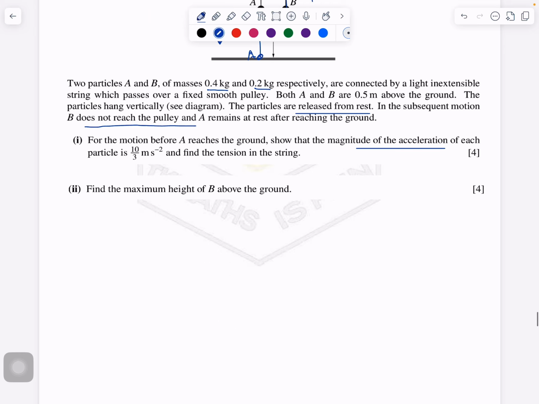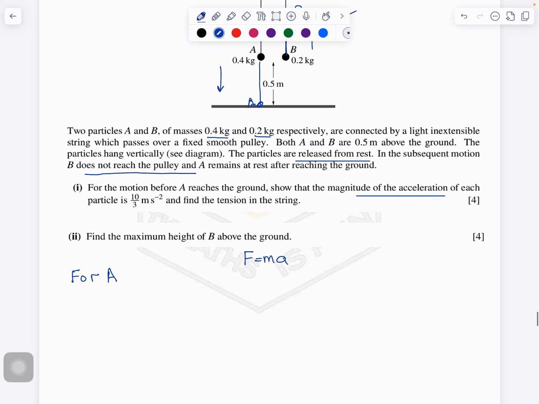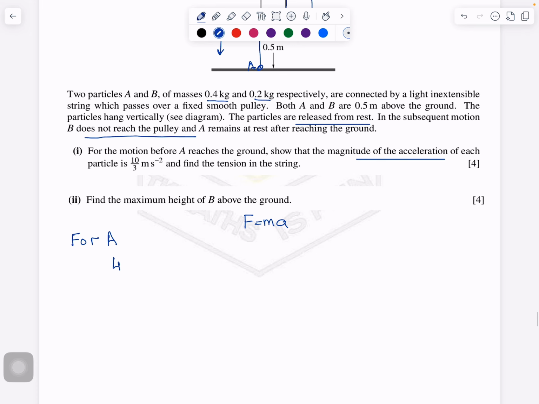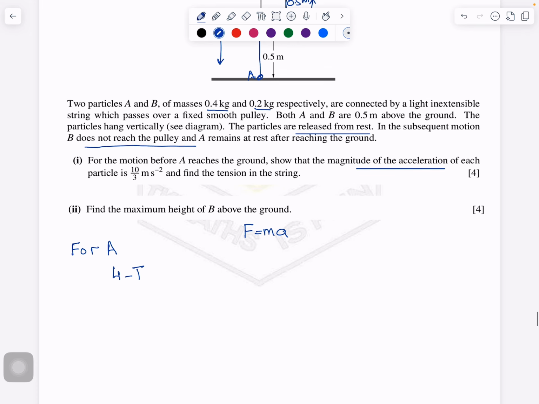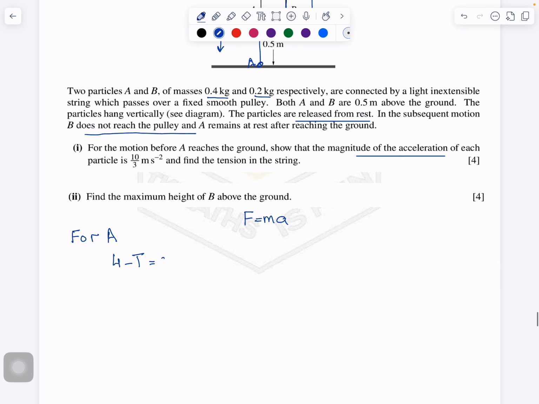So for particle A, we follow F equals ma, which is Newton's second law. A is coming down, so it is 4 minus T equals 0.4a. This is my equation 1.